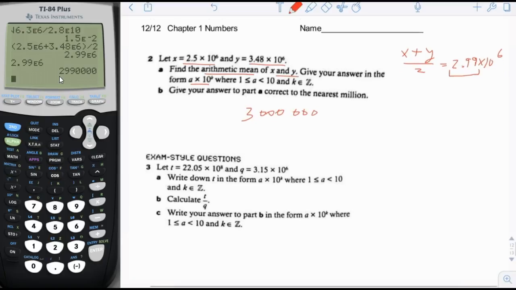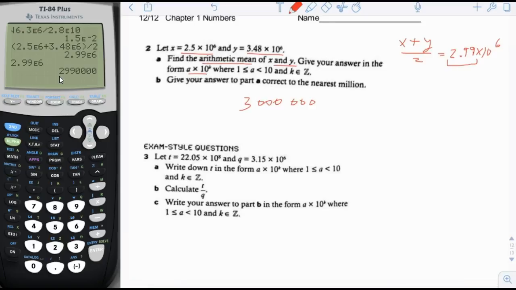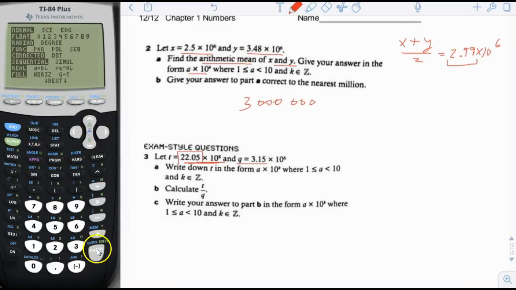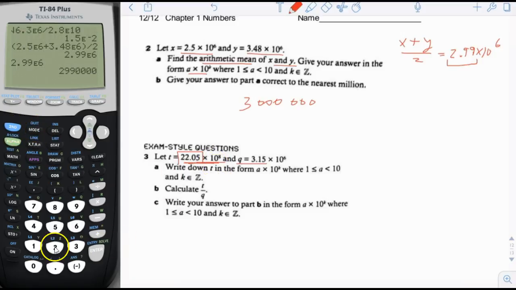Okay? What about number 3? Now we're going to take the 2 variables t and q, and first we're going to write down t as if it was in scientific notation. You see, it's not really in scientific notation because instead of having a number between 1 and 9.99 here, we have 22.05. So let's go back to scientific notation mode, and then we're going to enter 22.05 times 10 to the 8th.